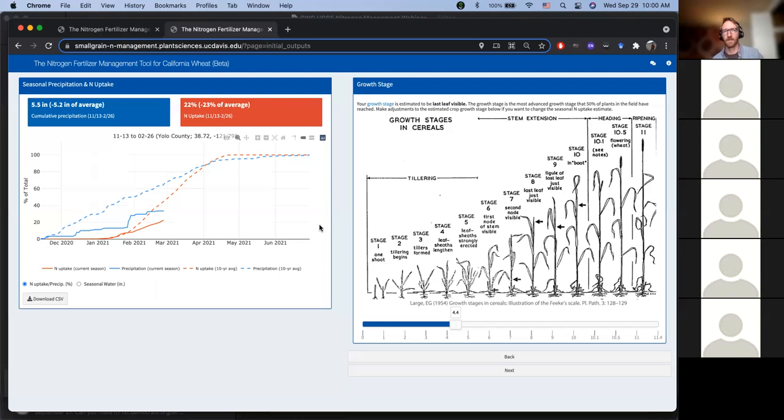Given the nature of our cropping system in the state of California, that's not very widely used because the costs don't generally justify it. But we have had some people mention that it would be nice to be able to apply the same kind of framework to tissue testing. So we're trying to backfill the relationship between tissue testing and reflectance. And I think that would be a reasonable next step for extending this.